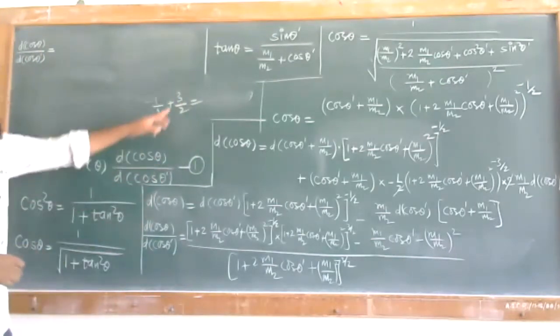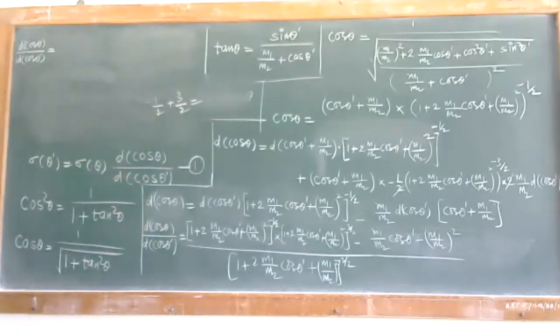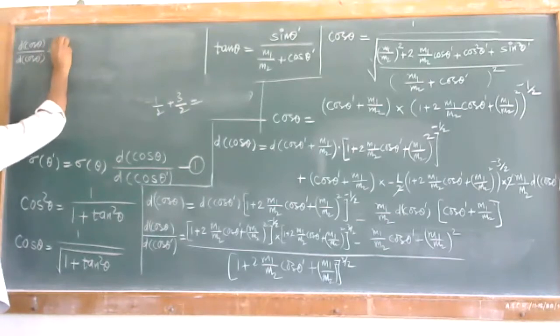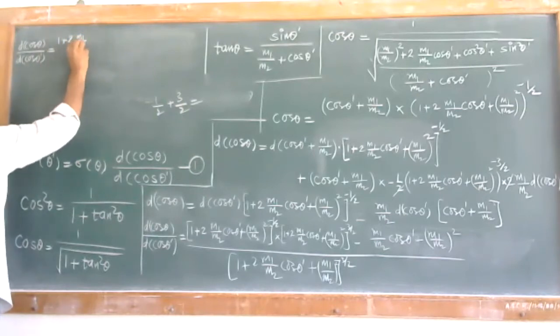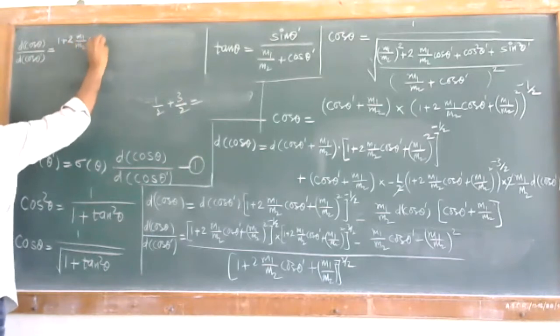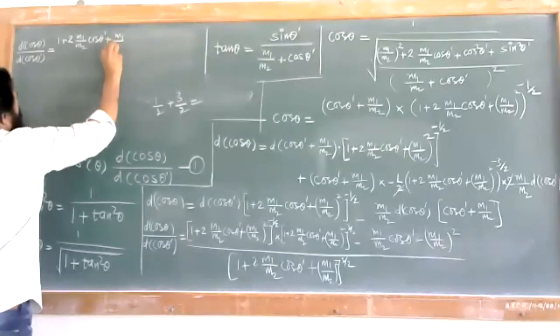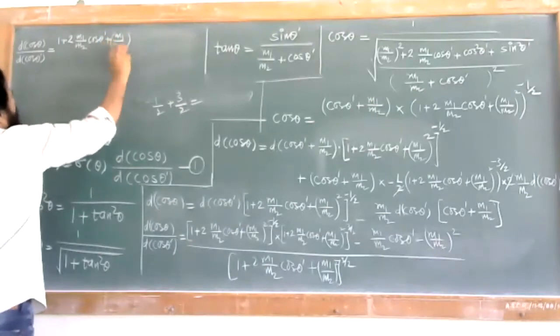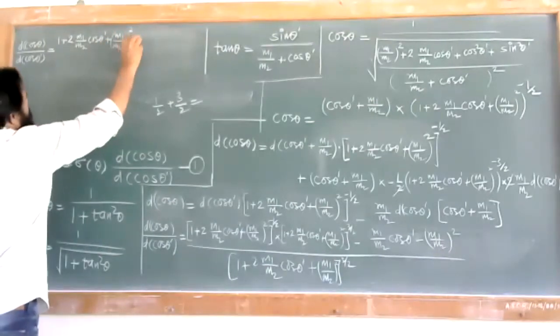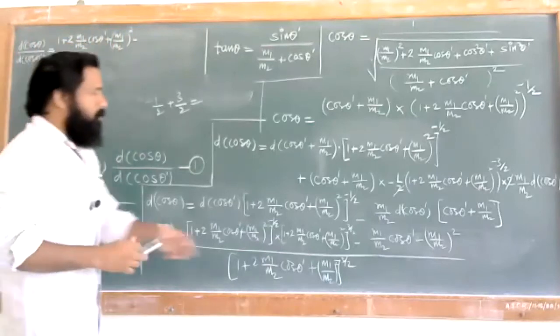That is 2 by 2 is equal to 1, and so we can have that term, that is 1 plus 2 m1 upon m2 into cos of theta dash plus this m1 upon m2 bracket square, minus what?